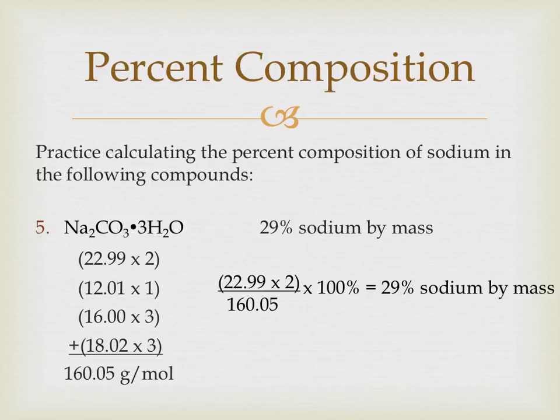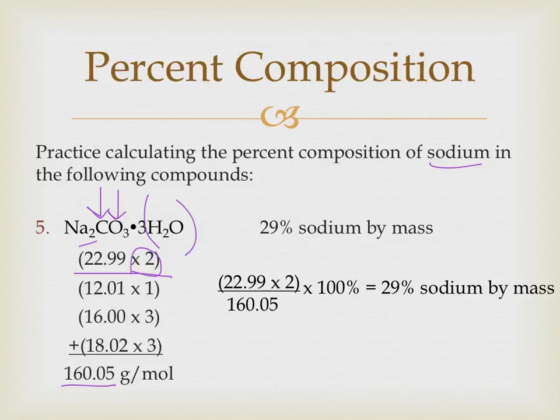So the last one is sodium carbonate trihydrate. Again, we're still looking at sodium. This time, however, we have 2 sodiums in the chemical formula. So I'm going to take the mass of sodium times 2. Then I'm going to add it to 1 carbon, 3 oxygens, and then 3 times the mass of 1 water, which gives me a molar mass total of 160.05.